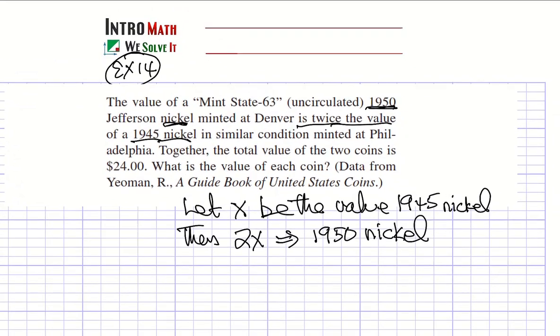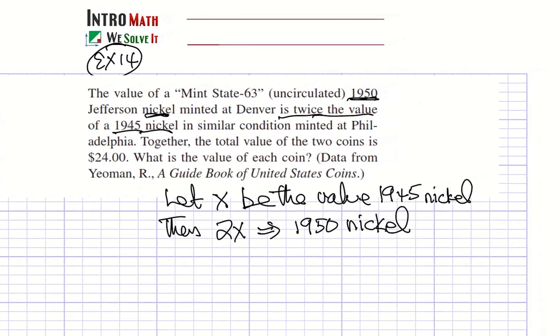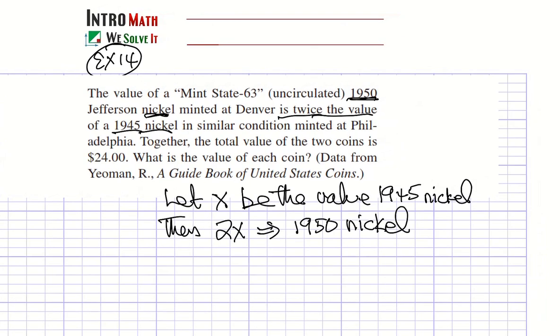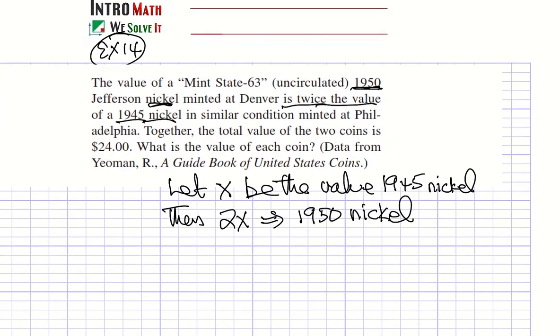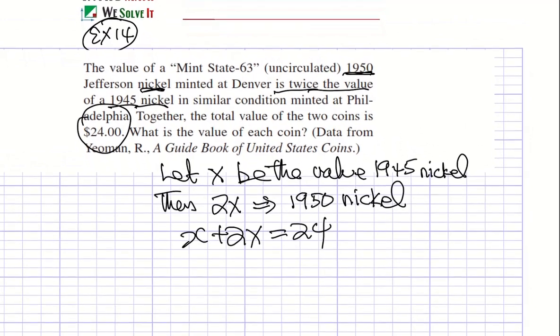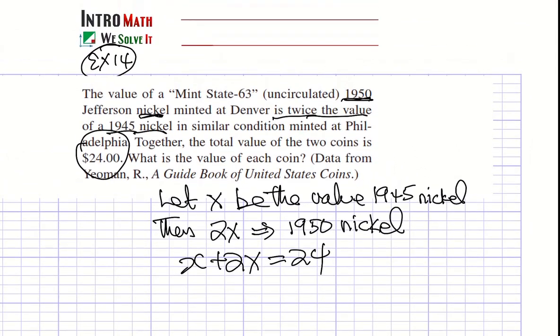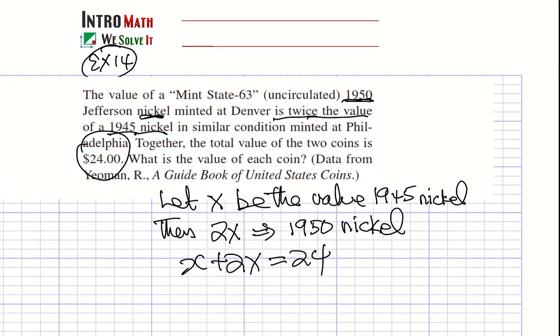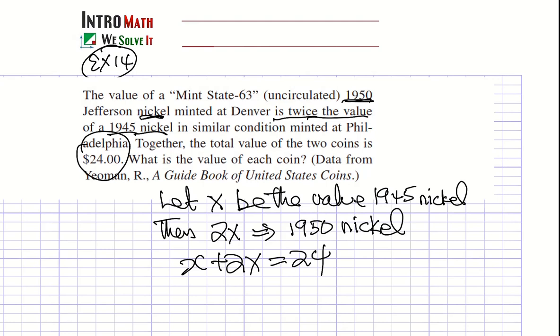We just want to solve the problem without the words getting in our way. What is the total they give you? The total value is 24. We'll say x plus 2x equals 24. That's all. When you read this stuff, just get the words out of your way, because words can be a problem. People misuse words. They will ignore words when it serves them.